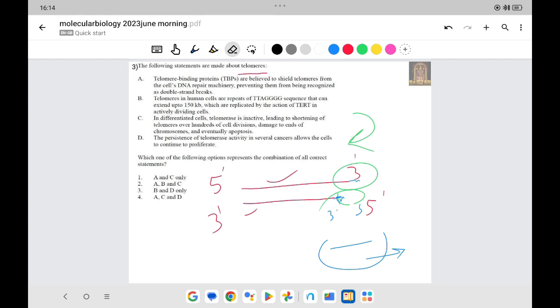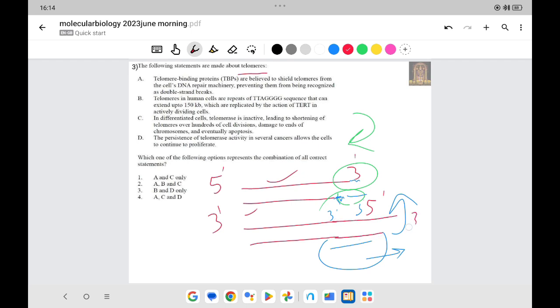Now the next batch of telomerase enzyme will again come, and this will again extend that part, and the extension will go till a certain point. Still, even after the extension, you will not be able to prevent the formation of a 3 prime overhang. At least the 3 prime overhang will be there anyway.